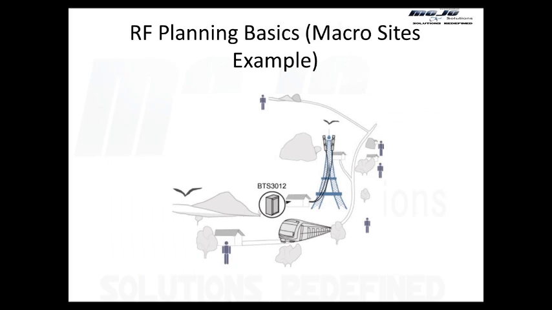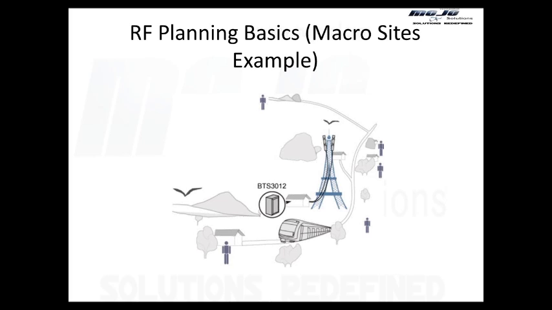If you want to understand the environment, this is a good example of how microsites work. There is a microsite connected to the BTS. The BTS is 3012. If you can recall, the 3012 series is a UMTS series for Ericsson. There are people talking, a train moving, and we have to provide coverage to our mobile users, the pedestrians, and the stationary users in buildings.